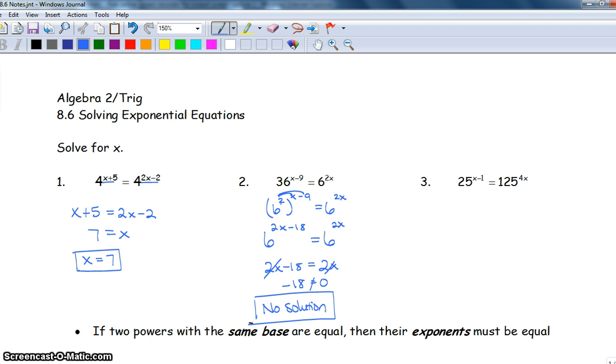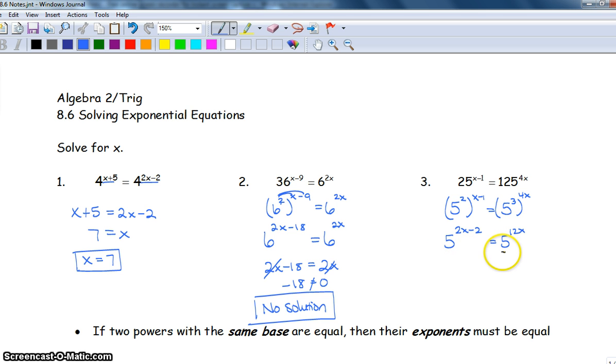And number 3, we've got 25 raised to the x minus 1 is equal to 125 raised to the 4x power. 25 and 125 aren't the same, but 25 can be rewritten as 5 squared, and 125 can be rewritten as 5 cubed. We know power to a power we multiply, so we've got 5 raised to the 2x minus 2 equals 5 raised to the 12x.